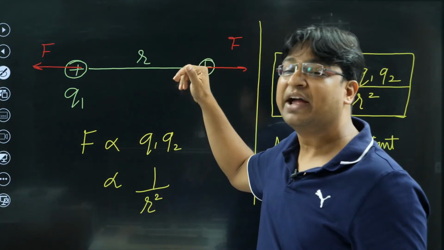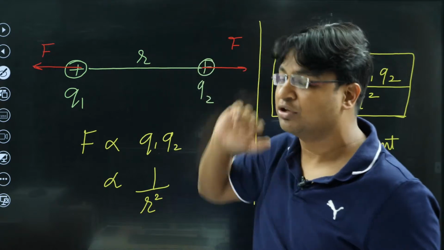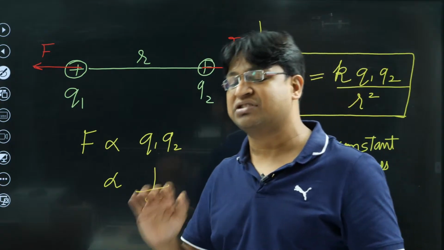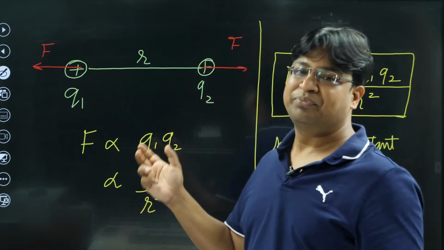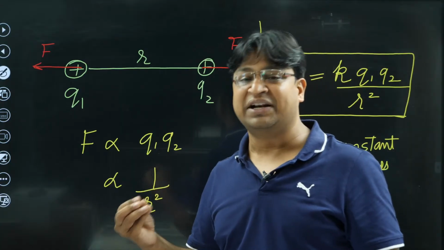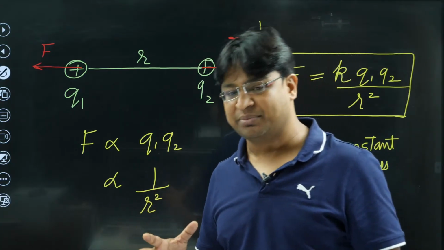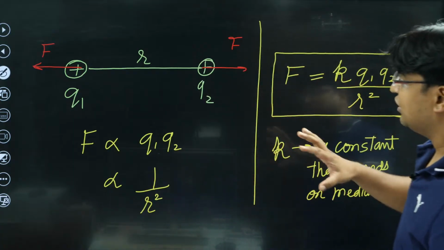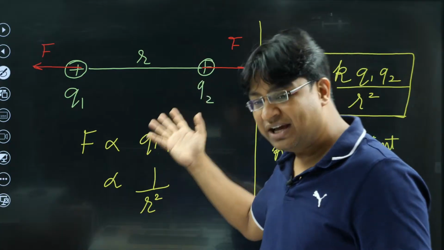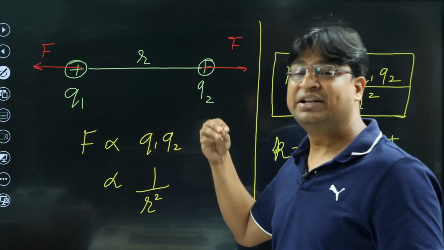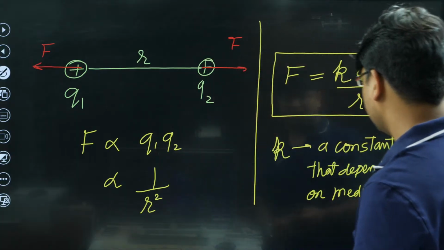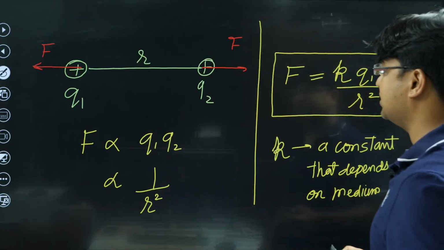Because if it doesn't extend up to large distances on all sides, then the things that we are studying are not strictly valid, and we have to change the expressions a bit. So right now we will assume that whatever the medium is, whether it's vacuum, air, water or any other liquid, it extends up to infinity in all directions. And so K will change when we change the medium.